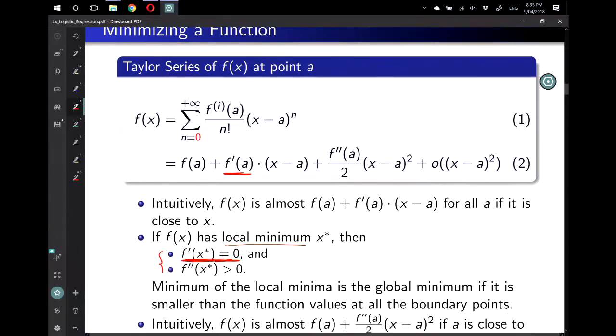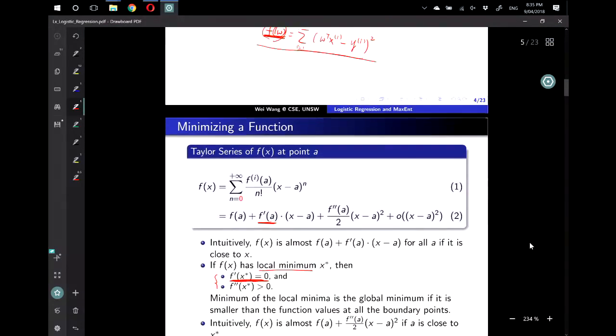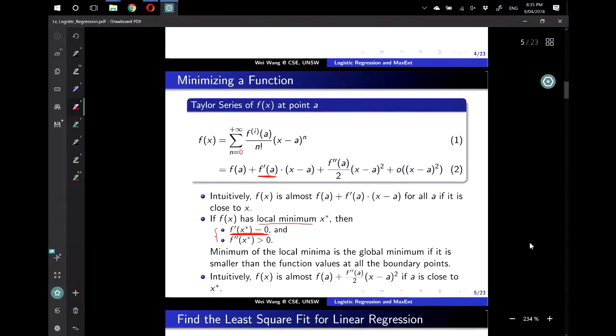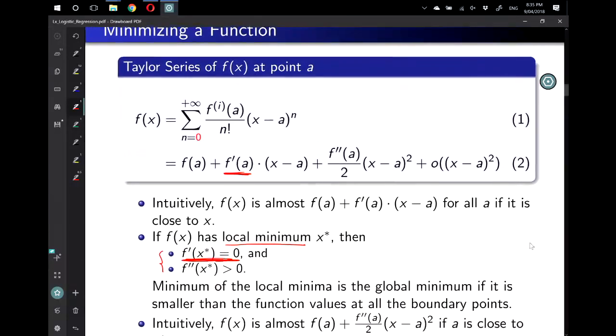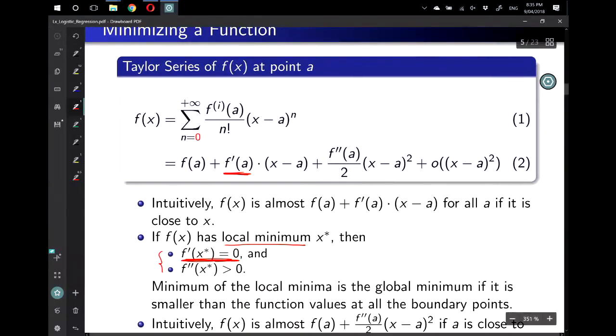I won't go through the derivation. The derivation is actually in this slide. The reason I use this one is that you will see later in the algorithm, in the SGD, we actually use just first derivative information.